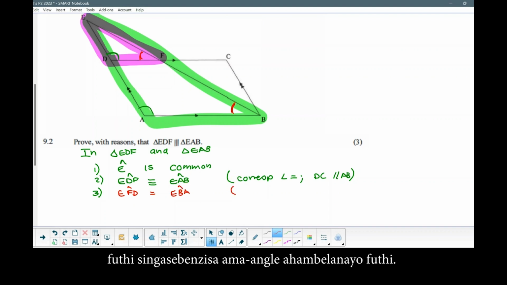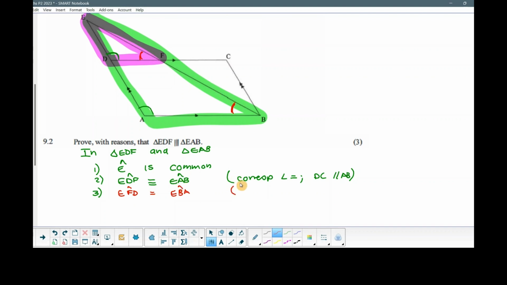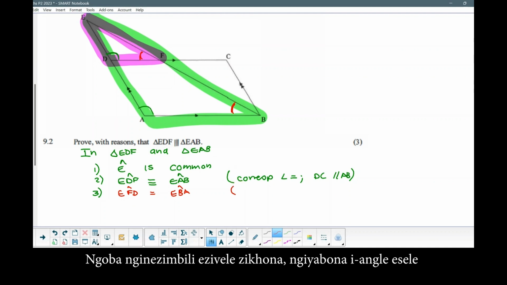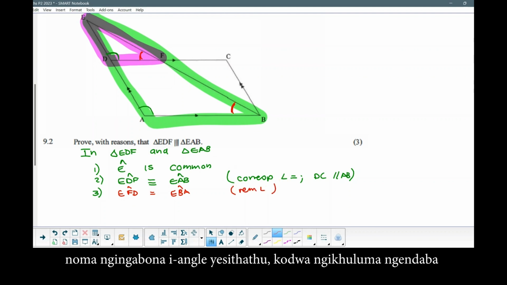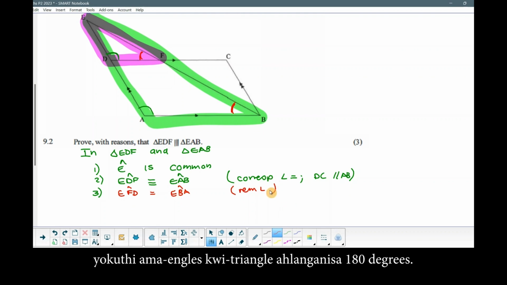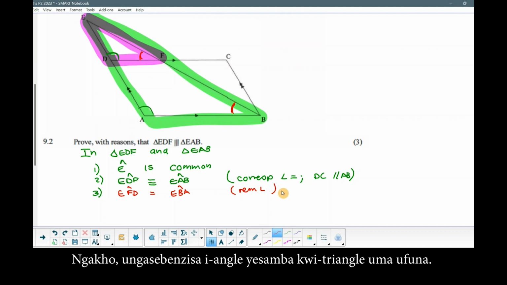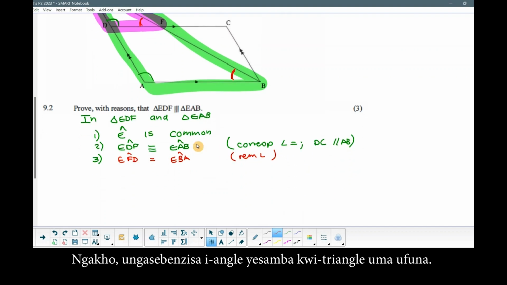And we could use corresponding angles again. Or because I've got 2 pairs already, I can say remaining angle, or third angle, referring to the fact that the angles in the triangle add up to 180 degrees. So you could even use angle sum of triangle if you wanted to.